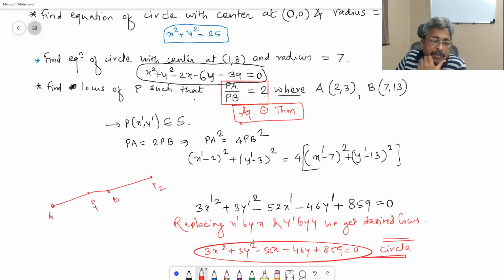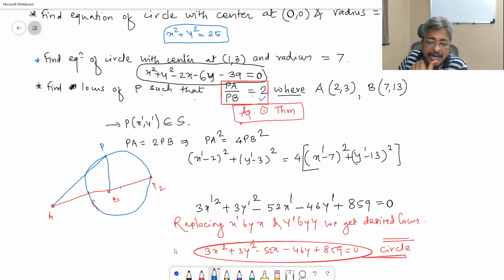So if you use P1 P2 as diameter and draw the circle locus, what will be this locus? It is a circle. We have drawn this in 8th standard, end of 8th standard, around this time last year. If you take any point on this circle, PA upon PB is going to be equal to 2, and this is Apollonius circle.